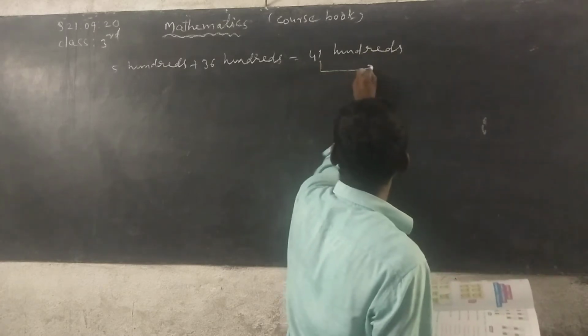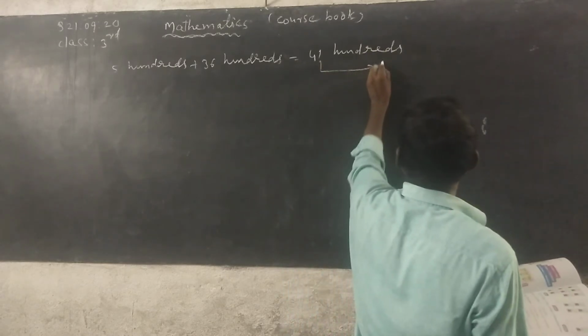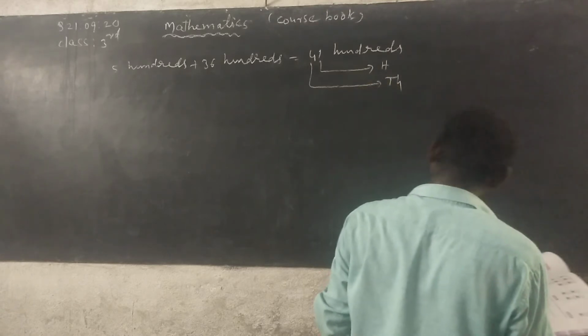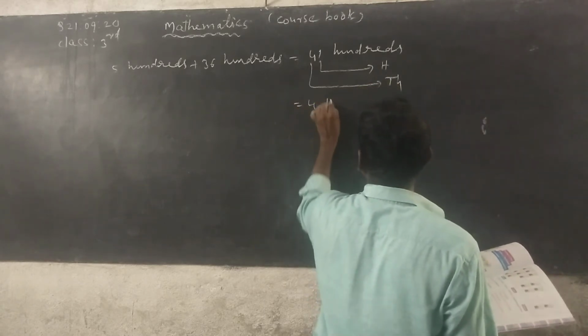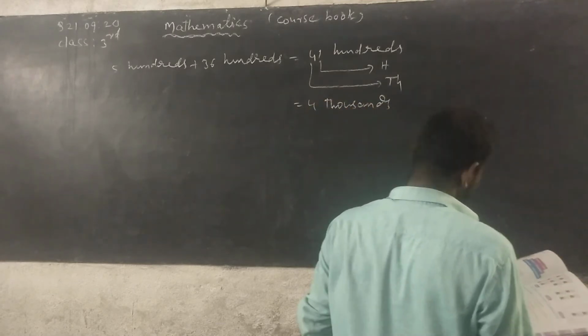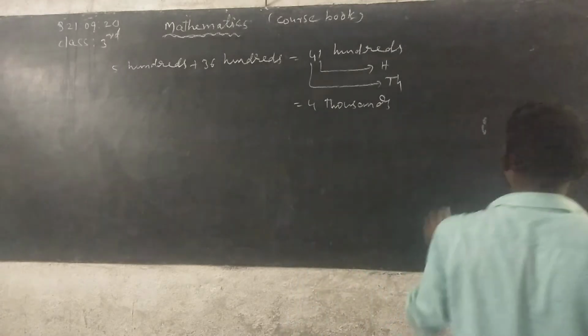So in it 1 goes to hundreds place, 4 goes to thousands place. So 4000s and 100s.